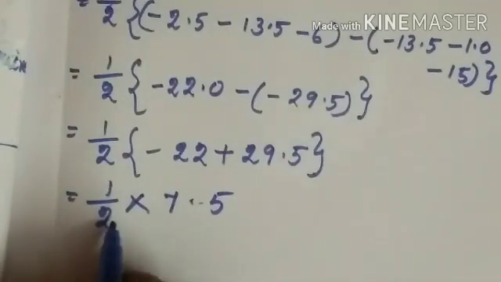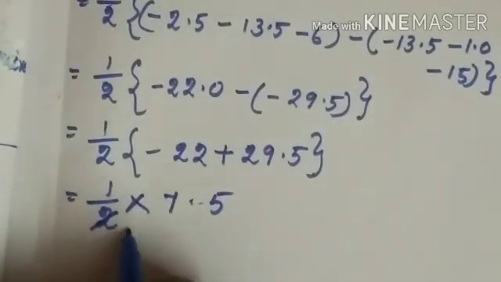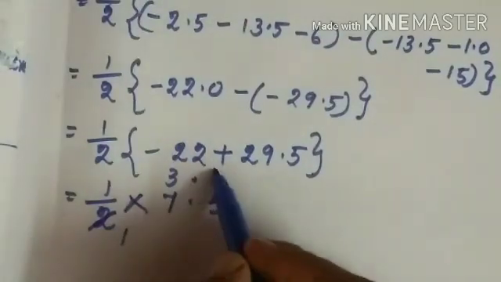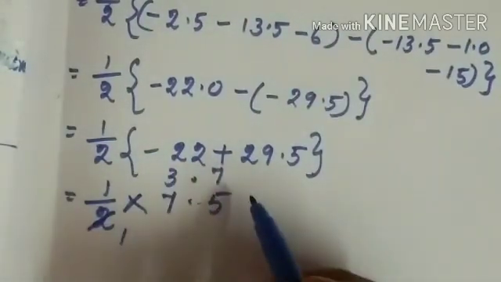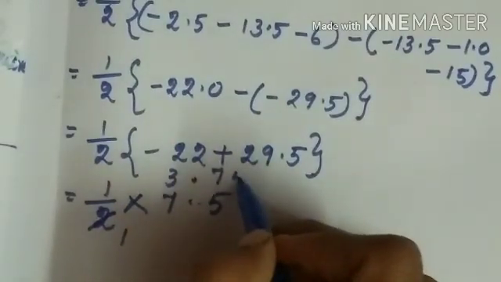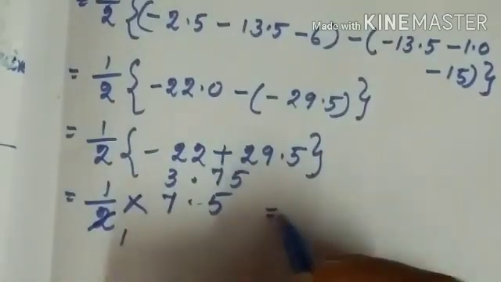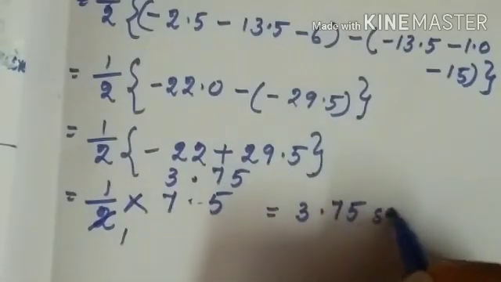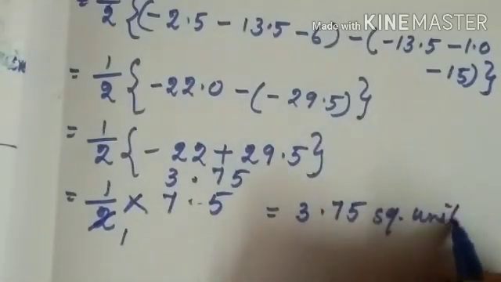Now cancelling this by 2: 1 2 is 2, then 3 2s are 6, remainder 1, 7 2s are 14, remainder 1. Add 0 means we get 5 2s are 10. Hence, the answer is 3.75 square units.